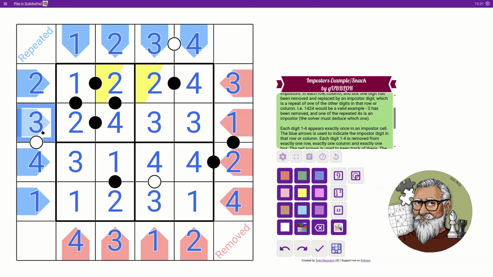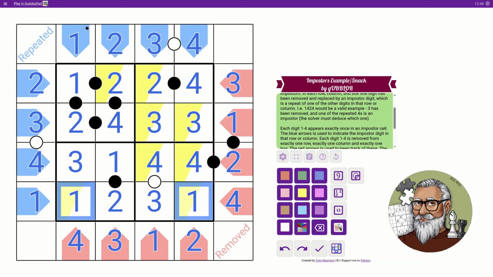Here it says the imposter has taken the shape of a 3, or has impersonated a 3. So it's one of those. On the other side, it says it was supposed to be a 1, which is correct. Here it's 4. It was supposed to be a 2. That's correct. And here it's a 1, which was supposed to be a 4.